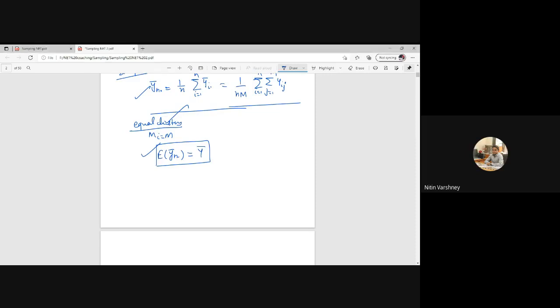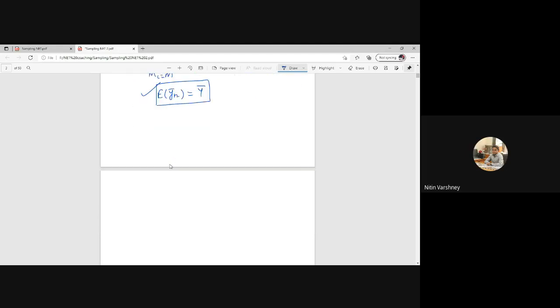Okay, so this is the unbiased estimator, and now we will see the mean square between elements of the ith cluster. So this is Si square. The size of the ith cluster is, suppose, m. Si square is 1 upon m minus 1 summation j is equal to 1 to m of y ij minus y bar i dot, square.